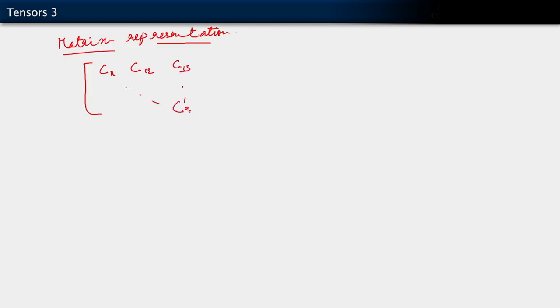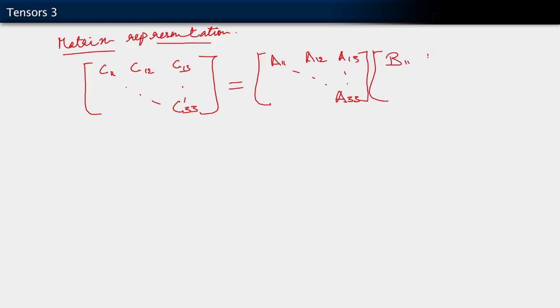If you were to write it out in terms of matrices, the matrix representation in terms of the components is just this: C11, C12, C13, and so on until we come to C33 equals A11, A12, A13, and so on to A33, times B11, B12, B13, up to B33.